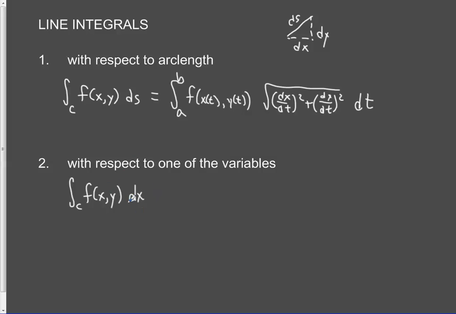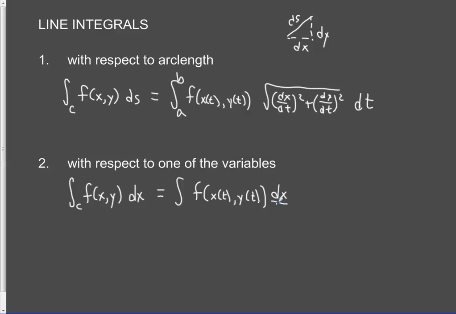Yeah, so this actually is a little bit easier, because all we have to do here, again, is get a parameterization for c. We need an x of t and a y of t. We sub those into our function. And then, I don't have to do a whole Pythagorean theorem thing. I'll just do it right here.